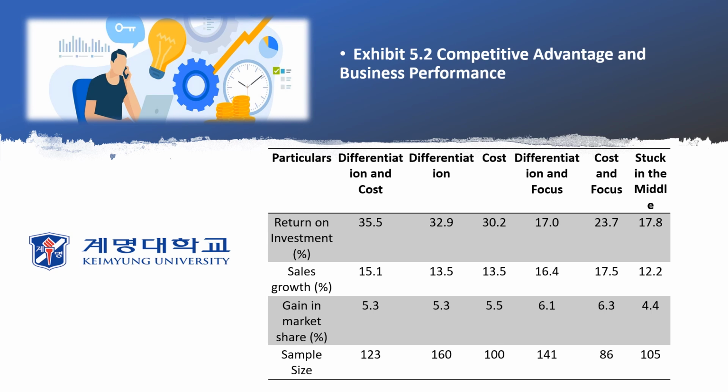Exhibit 5.2 provides evidence that businesses that combine multiple forms of competitive advantage were more successful than those using only a single form. And the lowest performers were those that were stuck in the middle, at 4.4, that is, they do not identify with a single type of strategy.